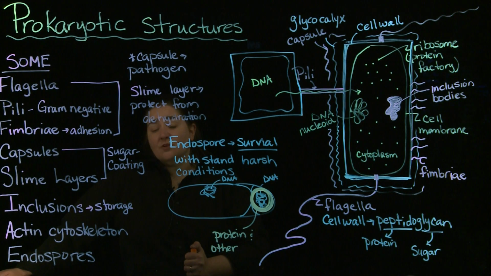And the reason those are hard for hospitals to get rid of are because of that protective coating, okay? That allows it to withstand the harsh chemicals that are used to try and clean it up, and allows that essentially DNA to be dormant until the conditions are right for survival of the bacteria again.